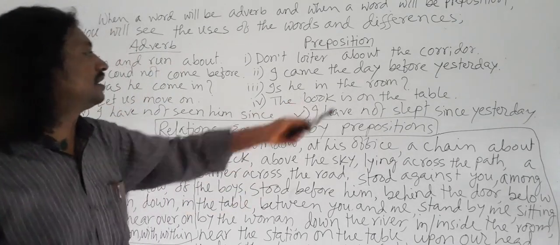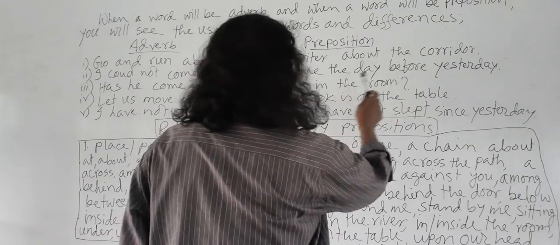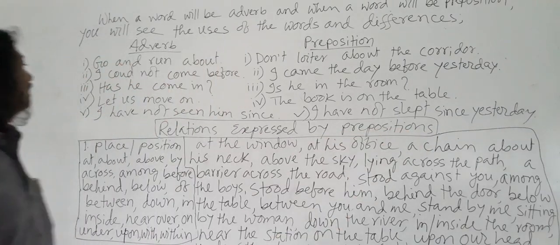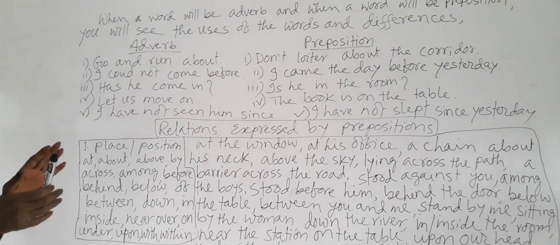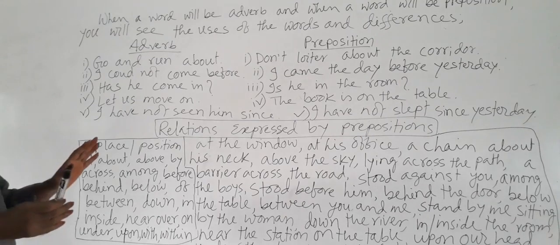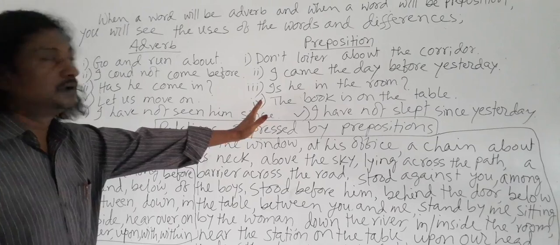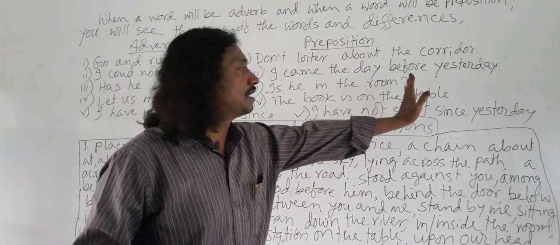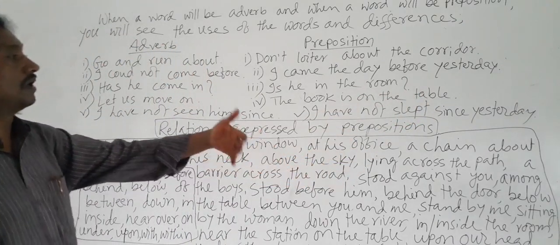The book is on the table. So preposition and its position: about, before, in, on, since. Here I have not seen him since. So this is the difference between preposition and adverb. After the adverb there is no word. But after the preposition there is another word, a noun or pronoun. Okay.